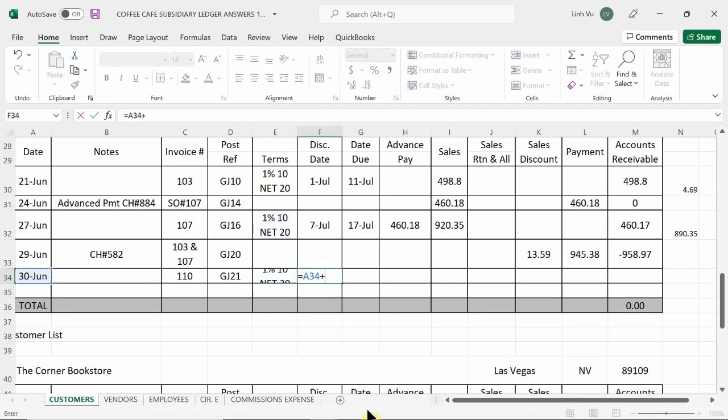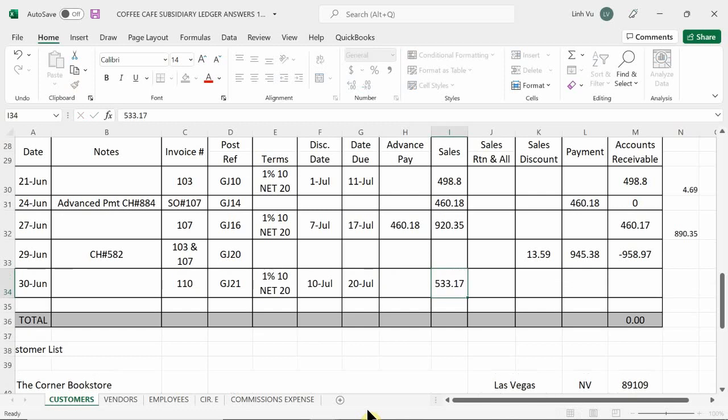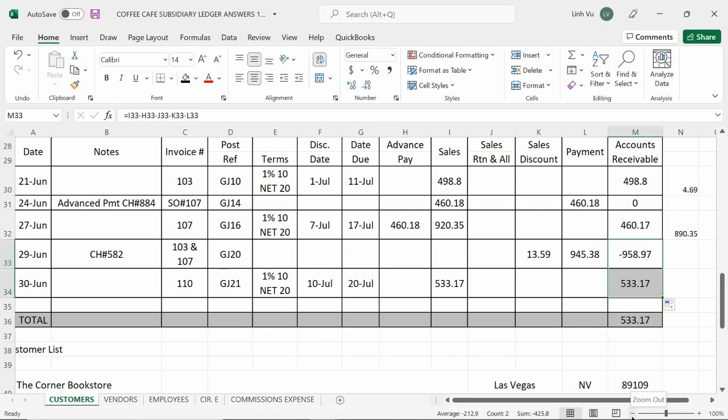So 10 days from now, which is going to be the 10th, because there's only 30 days in June, and therefore the whole thing is going to be due on July 20th, for a grand total amount of $533.17. So they owe us $533.17 because that's the only invoice that is left.